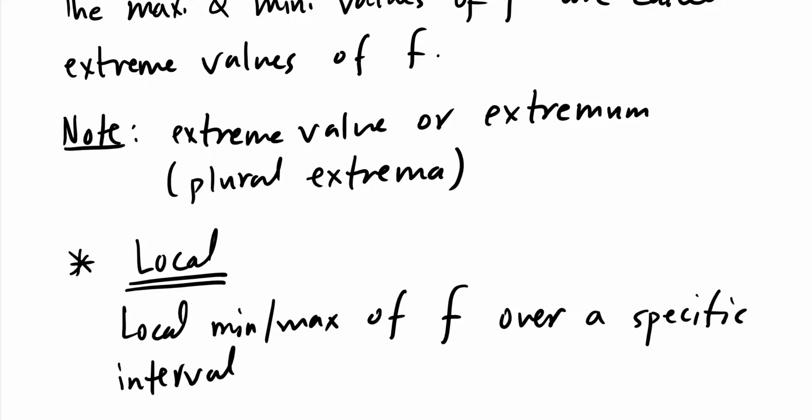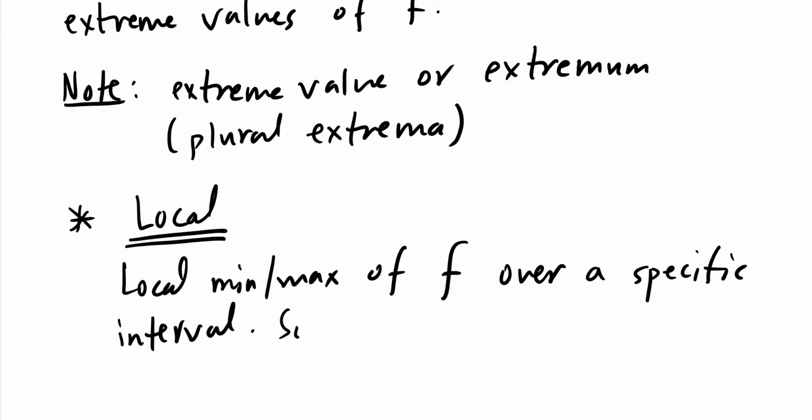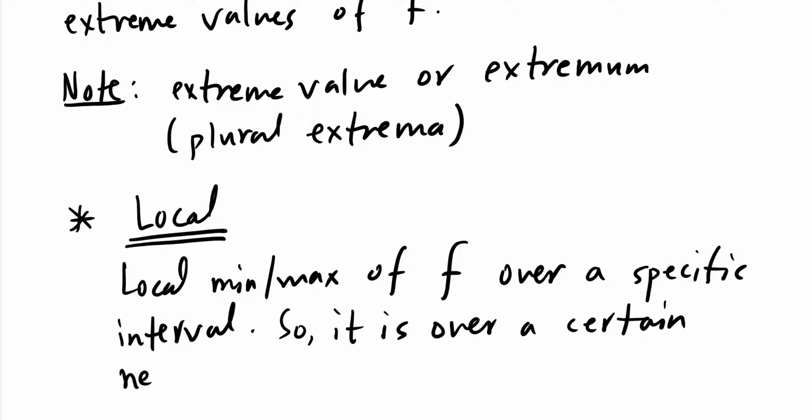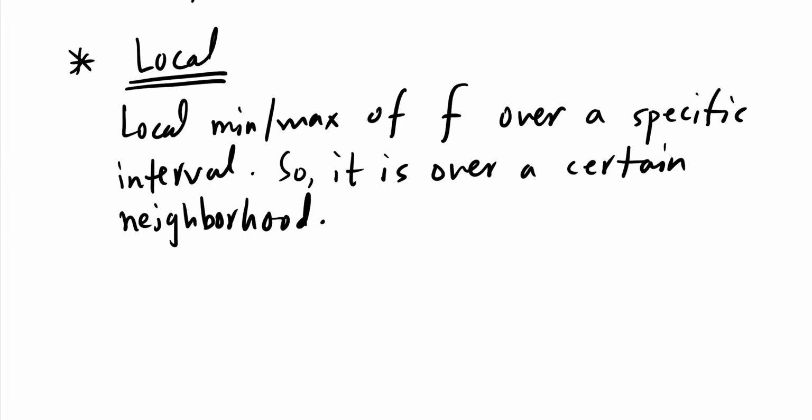So basically it's within a neighborhood, over a certain neighborhood. That's what local means, locally within that neighborhood. What's the maximum value or the minimum value the graph can reach within that neighborhood?